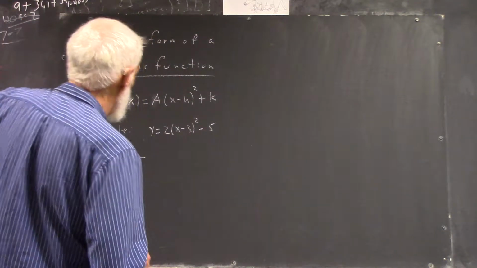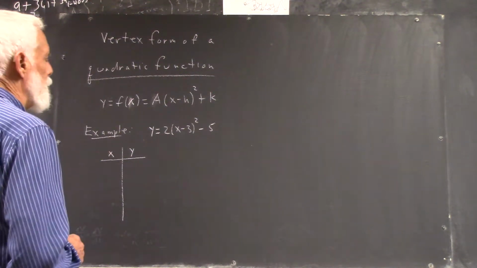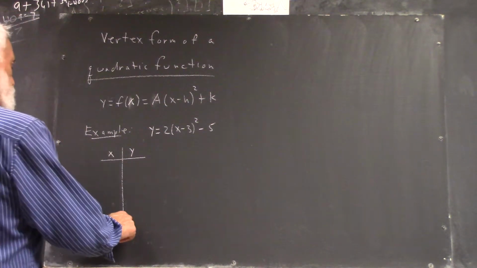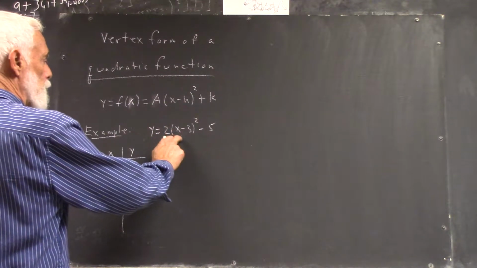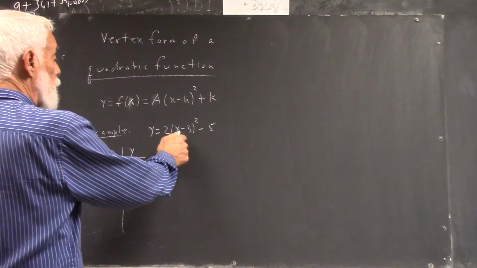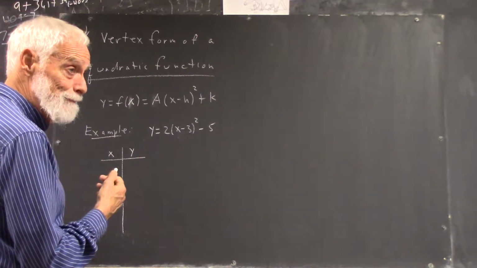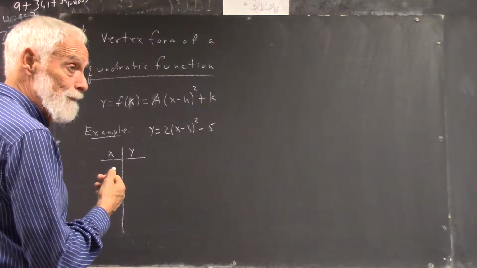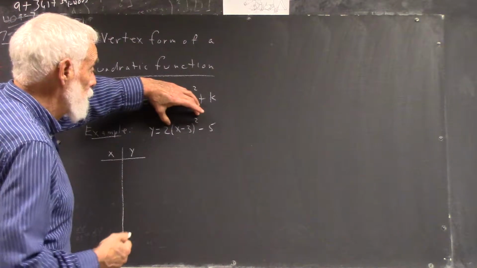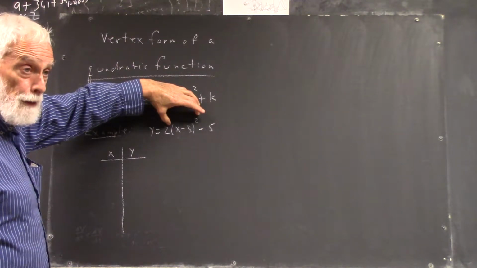So we want to see how that works. What I'm going to do is start with the value that makes this 0. What value of x will make this factor 0? If I want x minus 3 squared to be 0, what does x have to be? 3, right?